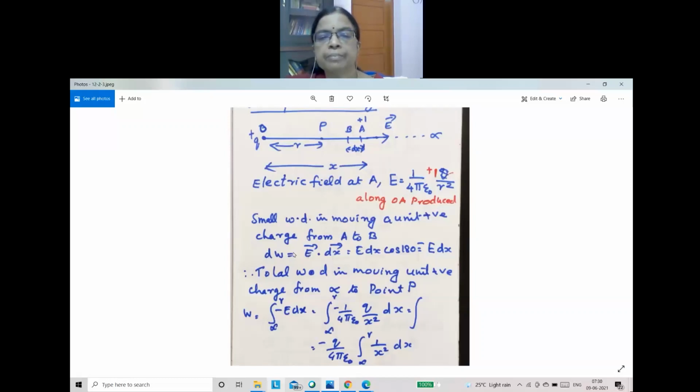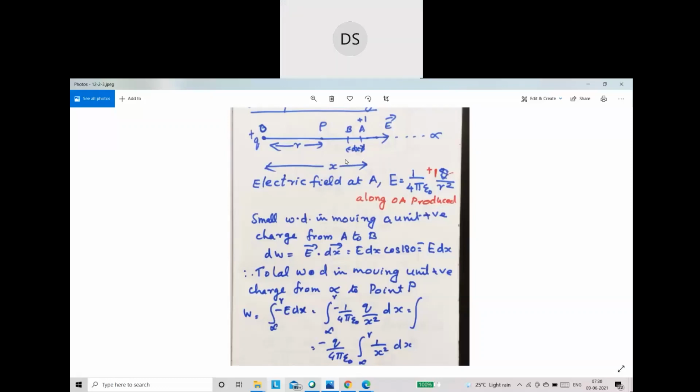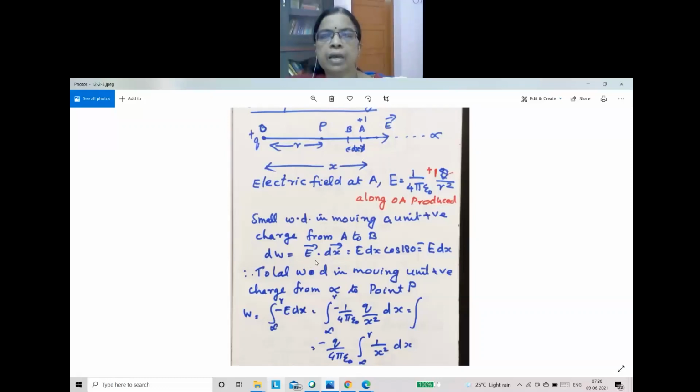Devika, Sunil, can you explain how you got this step? We know work done is F dot dr, or F dot dx. Then how does it become E dot dx? Devika, can you explain?